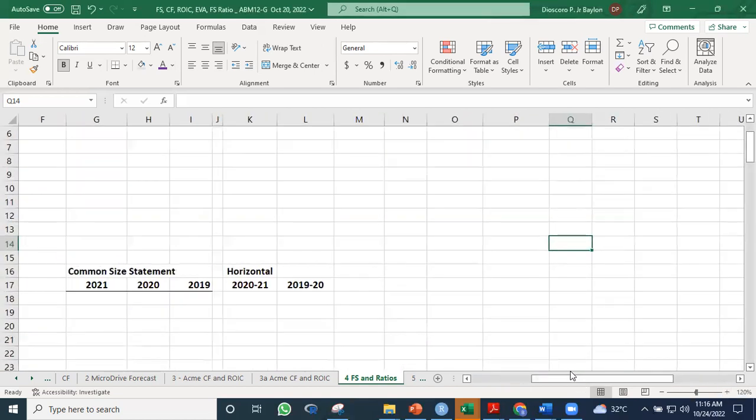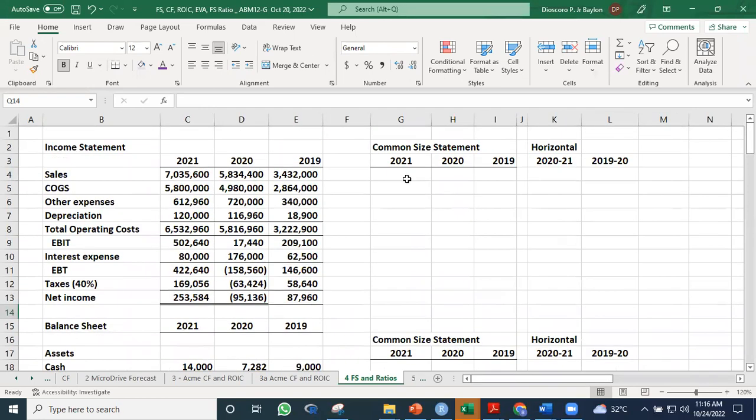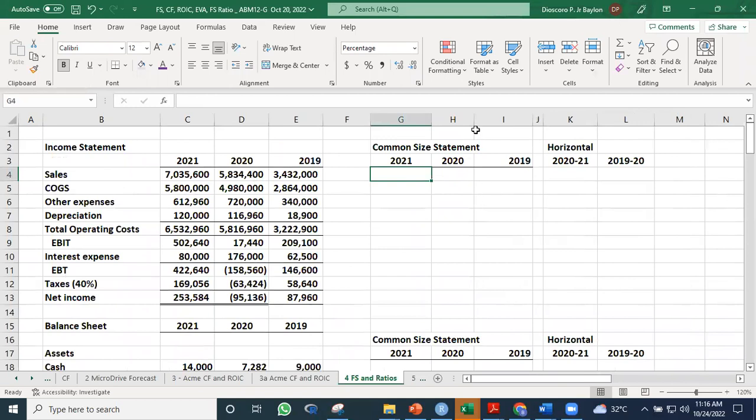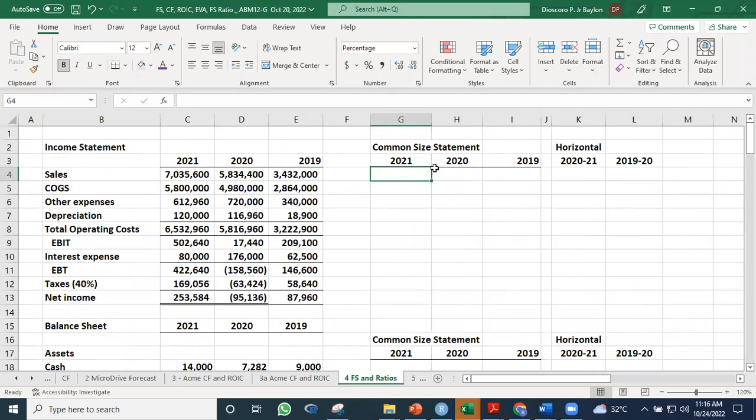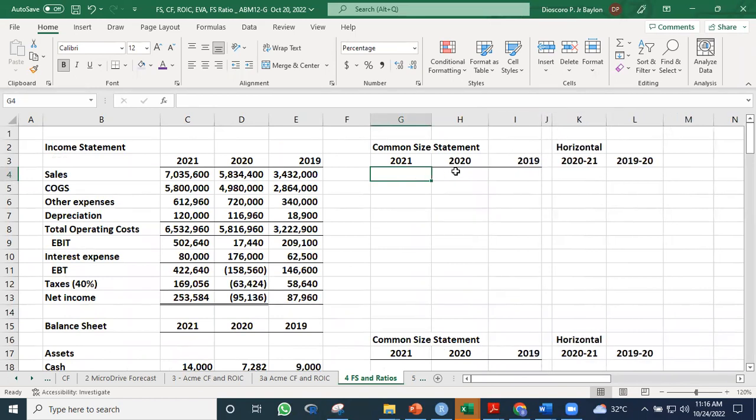What we want is just one formula here, and then copy it to all the cells to generate our common size statement for the income statement for 2021, 2020, and 2019. Again, let me repeat what we want to do.